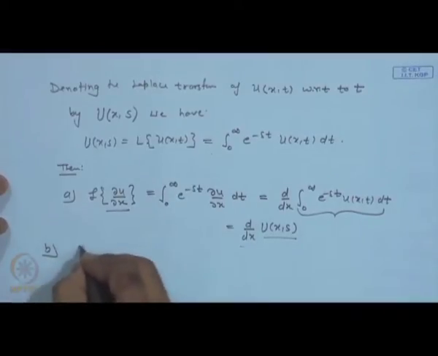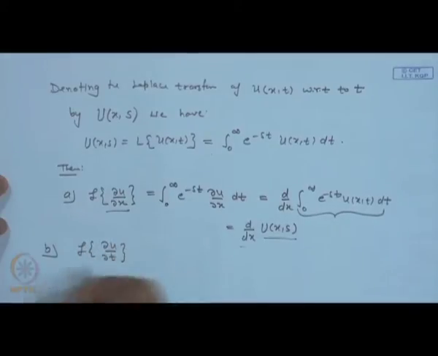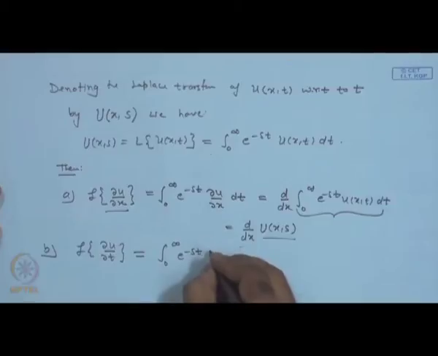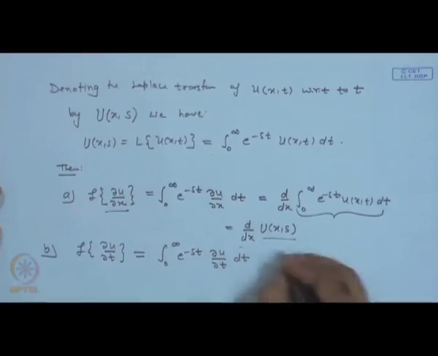We have the next result, the Laplace transform of del u over del t. In this case we have the time variable t, and we are taking the Laplace transform with respect to this t variable. So, we have the integral from 0 to infinity of e^(-st) del u over del t dt.